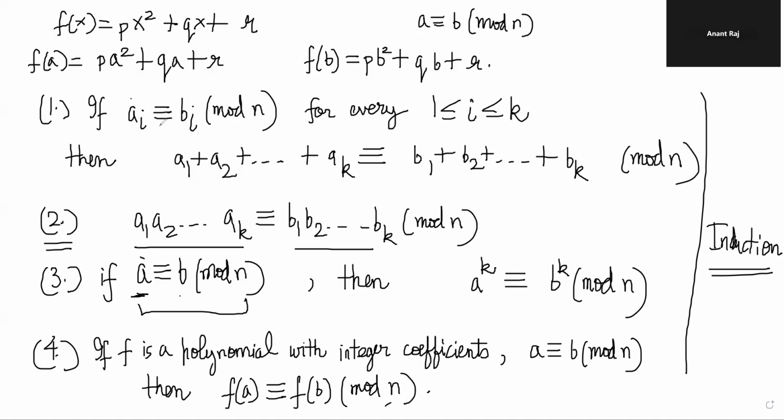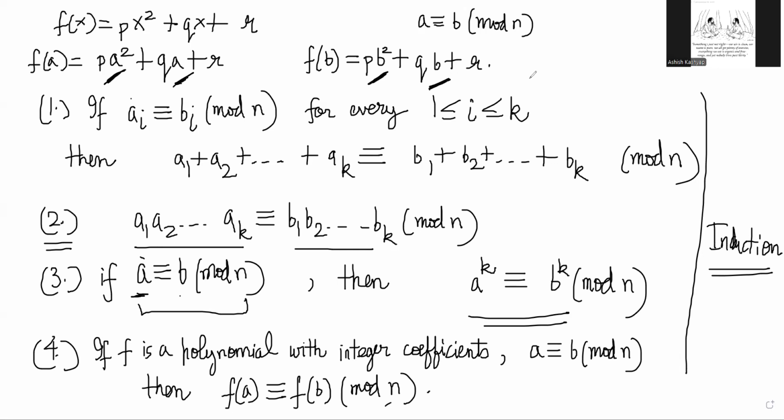Automatically from the previous properties, we know that a square is congruent to b square, right? So this part is congruent for both. Similarly, a is congruent to b, so this part is also congruent, right? We already know that if a and b are congruent, then pa will be congruent to pb, right? We can multiply by a constant. That is not going to change anything, right?